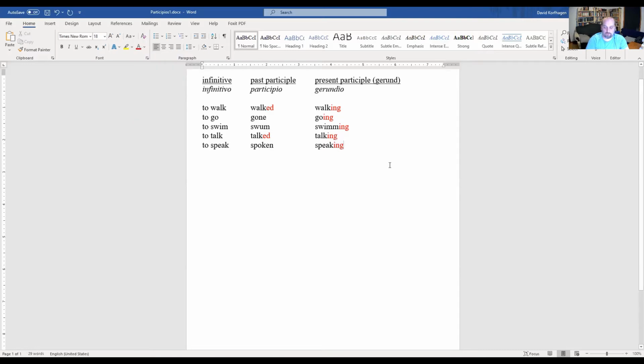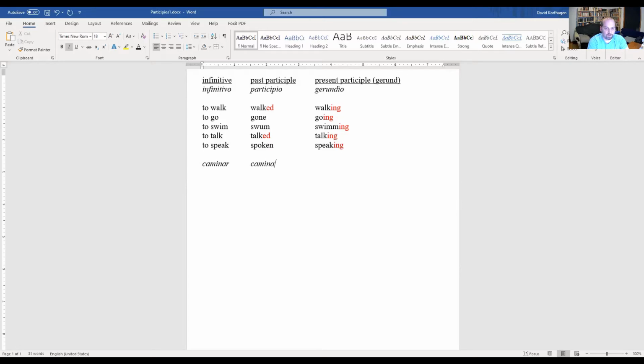So now let's look at some examples in Spanish, right? So we could just use the same ones, or just translate all the ones we just did, right? So to walk, we can say andar or caminar. I'll do caminar. That's the infinitive. And then the past participle, since this is an AR verb, is going to end with ado, right?